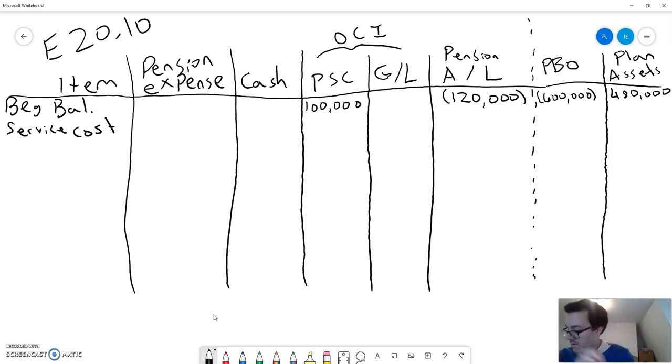Service cost is going to be $90,000. So of course that will increase your liability. Will also increase your pension expense. Next item would be the interest cost.